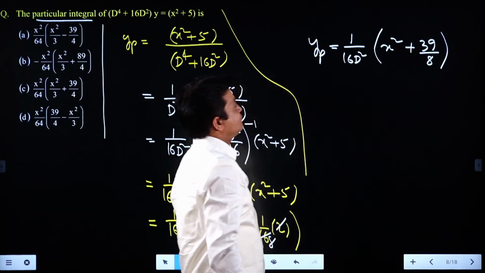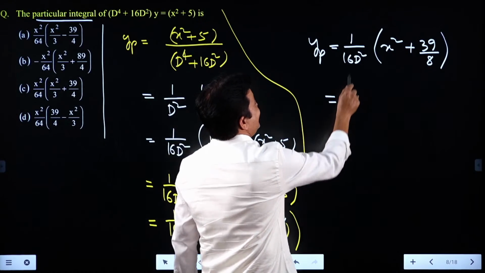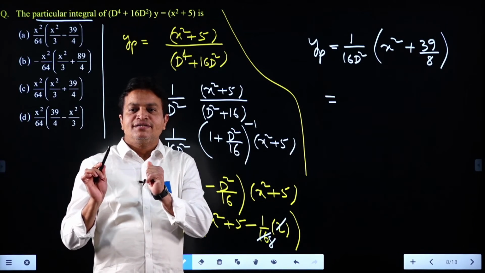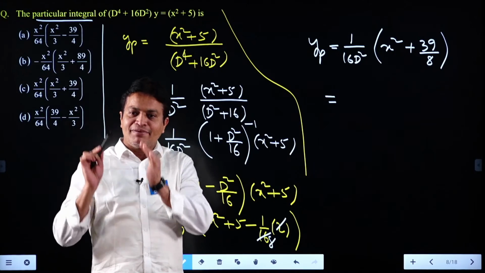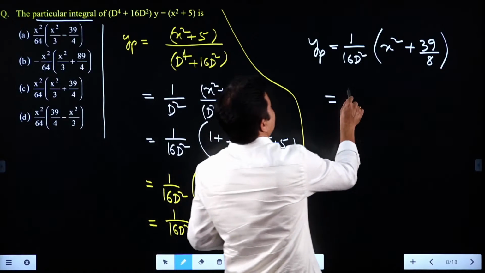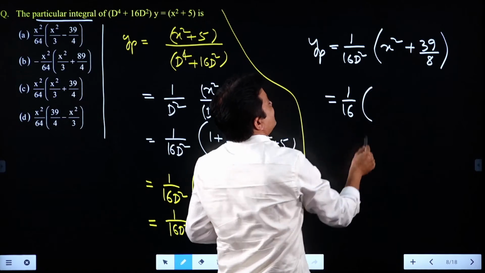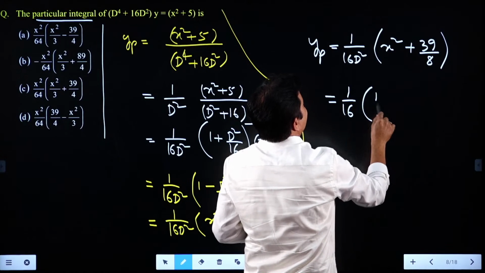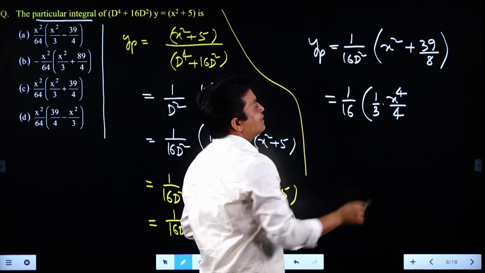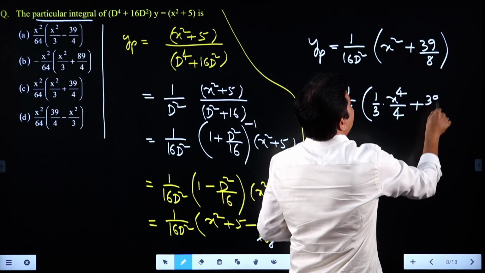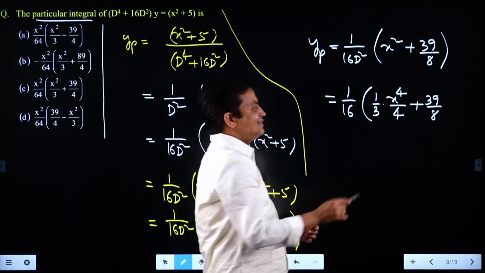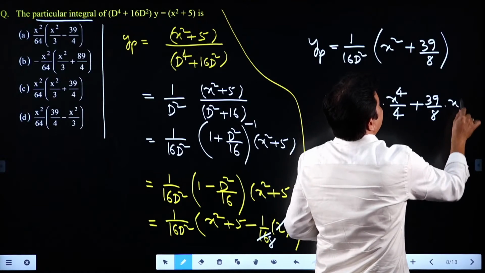Now by D square means 2 times integrate. Each term, 2 times integrate. First time x cube by 3, again x cube gives x power 4 by 4. Here 39 by 8 is a constant, only dx, x. X integrate, x square by 2.